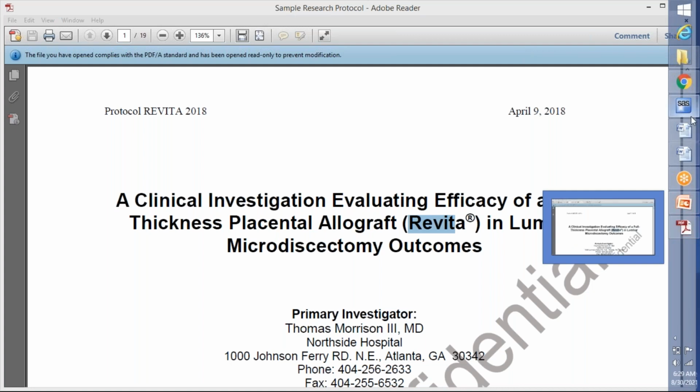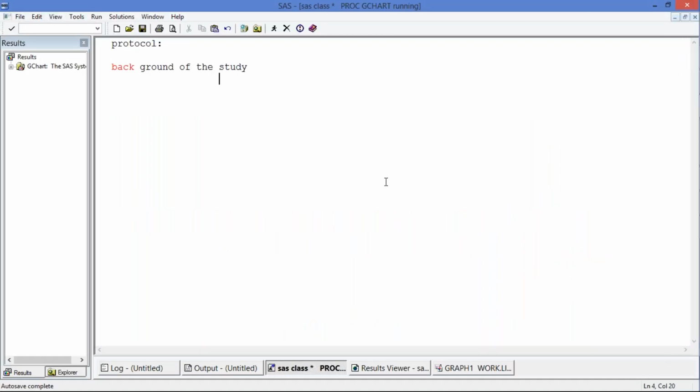Now you might have a question. I am saying Revita is already a registered name, meaning already in the market. If it is already released into the market, so Revita is already a marketed product, then my question is, why are we conducting the research?